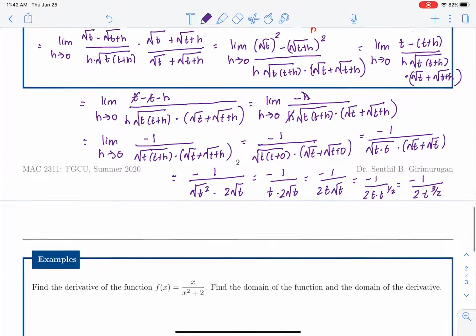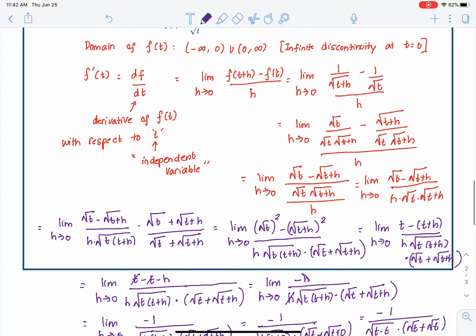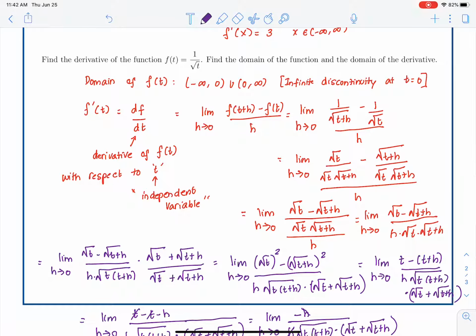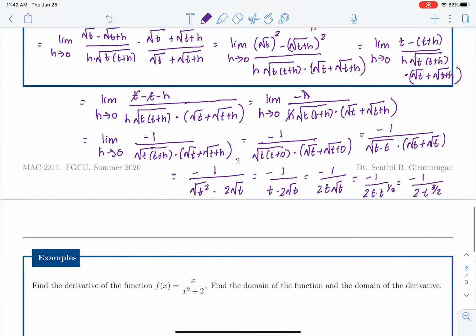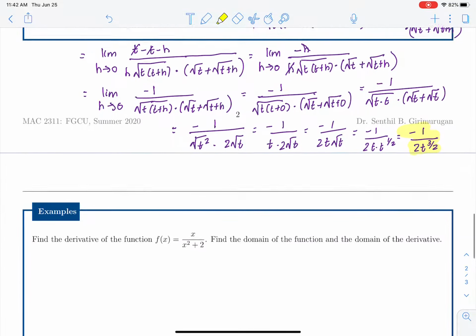And the domain here, since the function has a discontinuity at t equals 0, the derivative will also have a discontinuity at t equals 0. In other words, we cannot plug in 0 in the derivative, because if we plug in a 0 here in the denominator, it is going to result in a divide by 0.